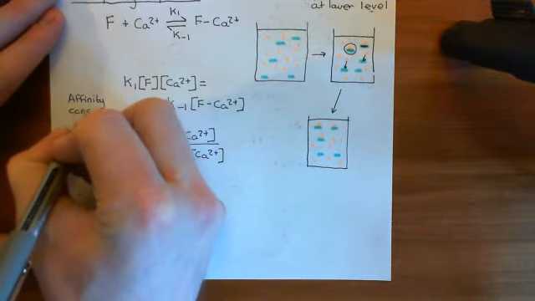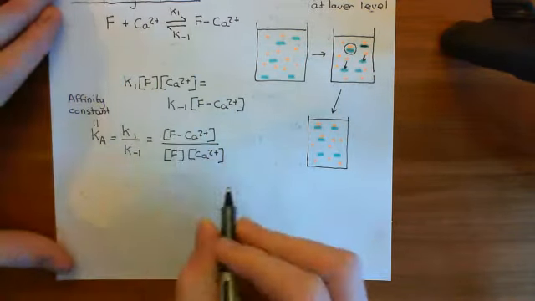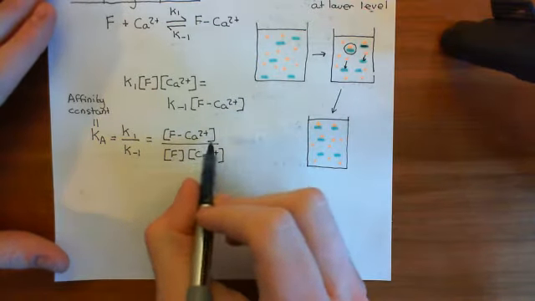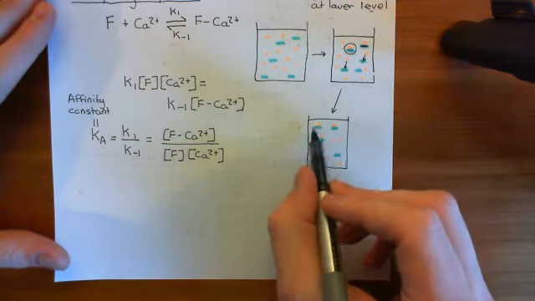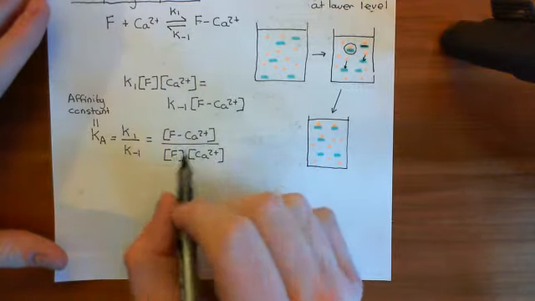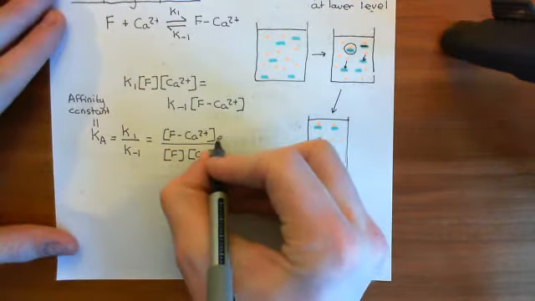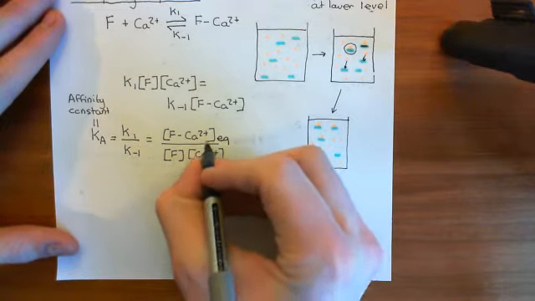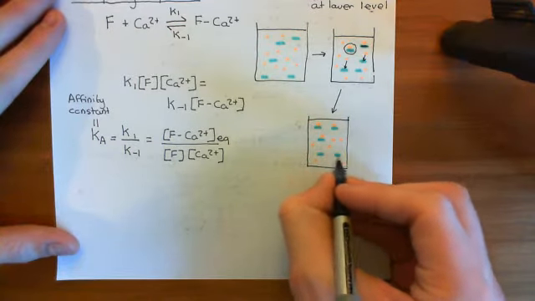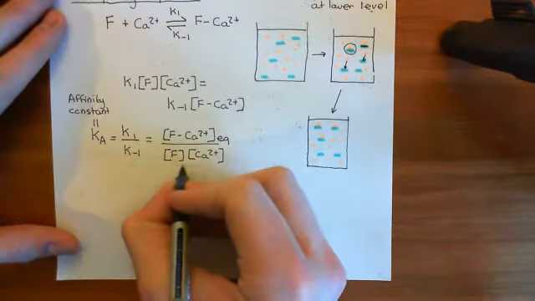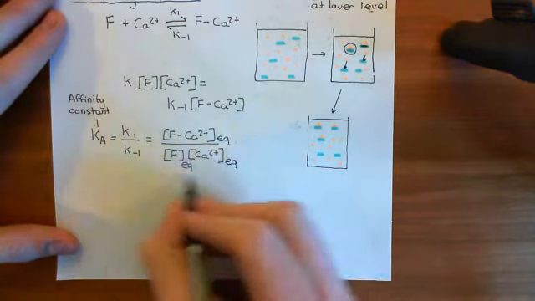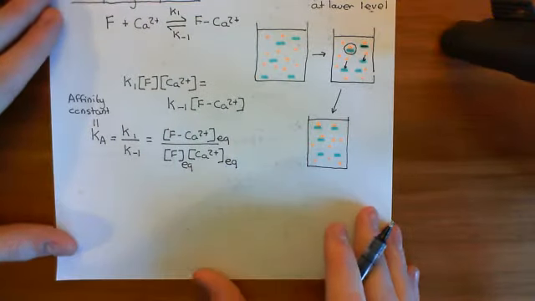So what this equation tells you is that at equilibrium, the concentration of Fluo-4 calcium complexes, which is the number of Fluo-4 calcium complexes within 1 litre, basically 1 decimeter cubed, and I like to subscript this equilibrium, these are the concentrations at equilibrium, divided by the free Fluo-4 concentration at equilibrium times the free calcium concentration at equilibrium, will always equal a constant.